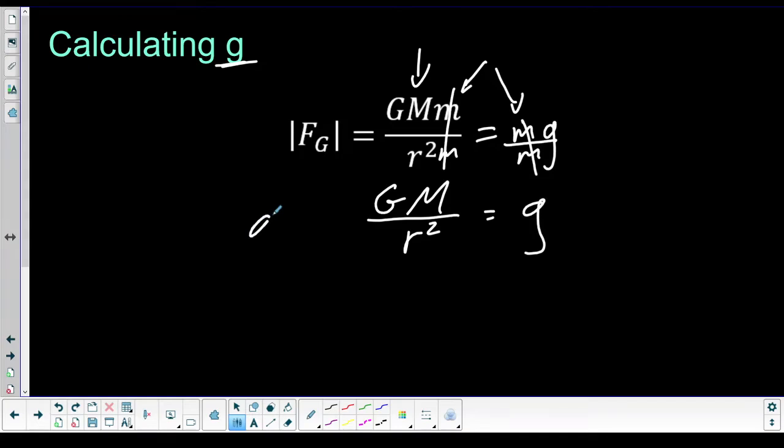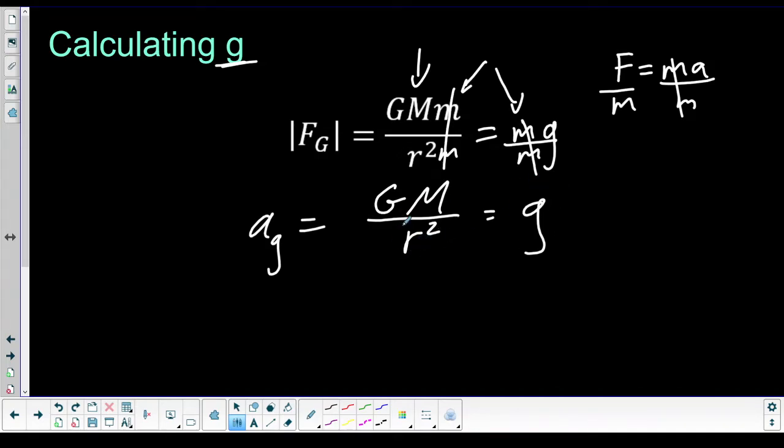This is our acceleration due to gravity. All we did was take a force and divide it by mass, so kind of relating it back to F equals ma. If we divide the force by mass, then it turns into an acceleration, right? So little g is actually GM over r squared in disguise.